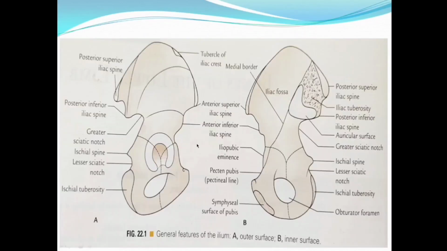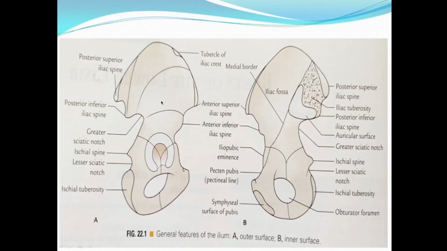First, to understand the origin and insertion of the muscles of the gluteal region, we will study something about the hip bone. The hip bone is divided into three parts: an upper expanded part, a lower expanded part and an intermediate constricted part.